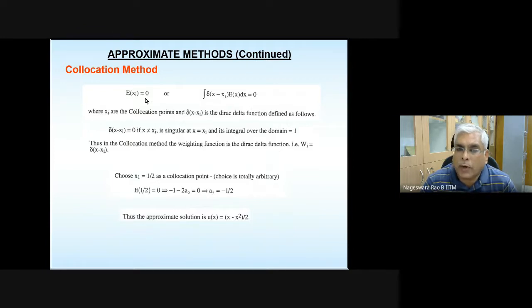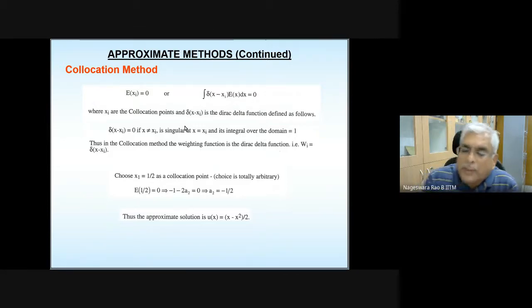That selected point is called the collocation point. Xi is the collocation point. Which point you select as the collocation point is an individual choice. So Xi is the collocation point; you select some point in the domain.